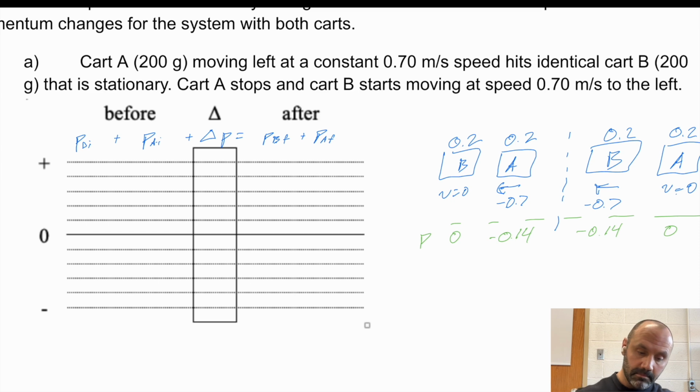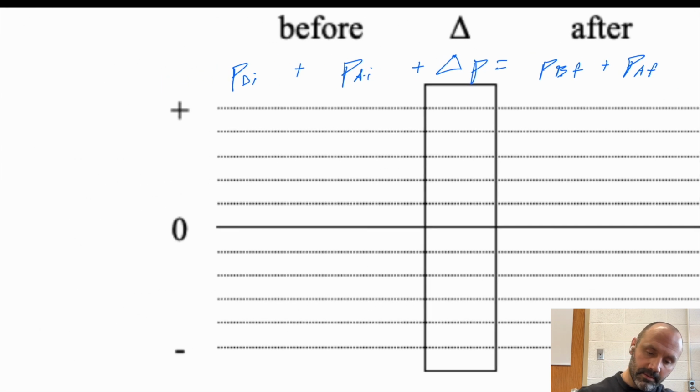So initially, cart B has no momentum. So just put a 0 there. Cart A has 0.14. And I can make that whatever height I want here. So I'm just going to go up to about here. I'm going to say this is 0.14. There are no changes in the overall momentum.